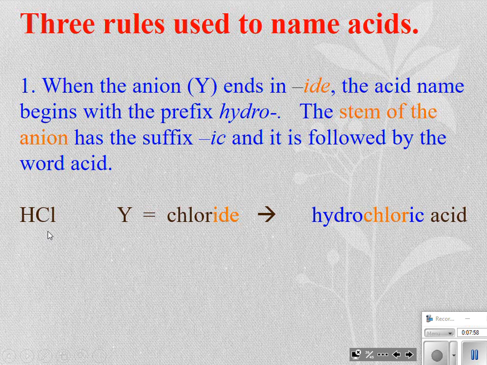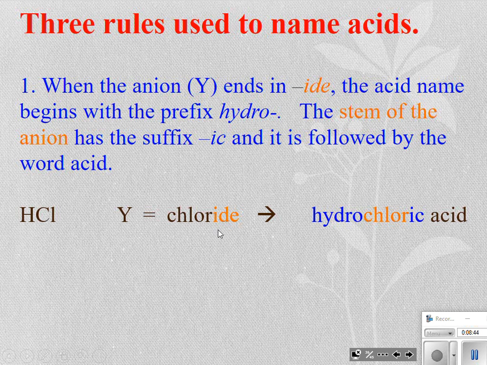So I see I have an IDE ending. So I'm going to start off with the prefix hydro. Take the stem of the word, the CHLOR, and then put IC. So this would be hydrochloric acid.